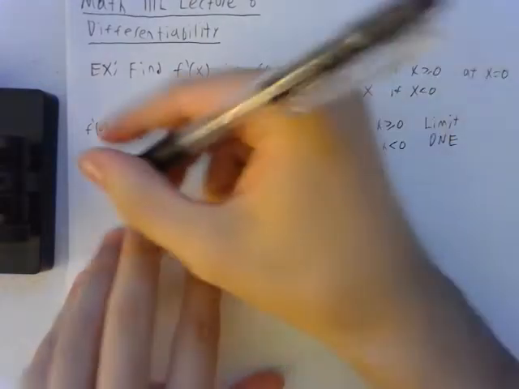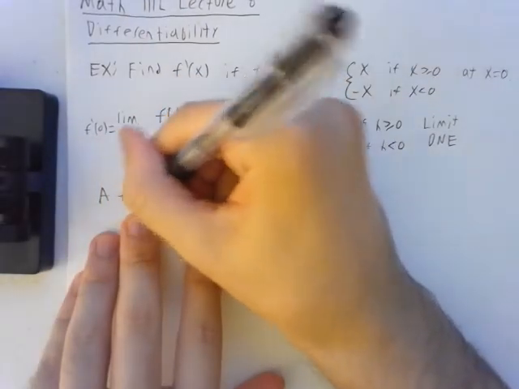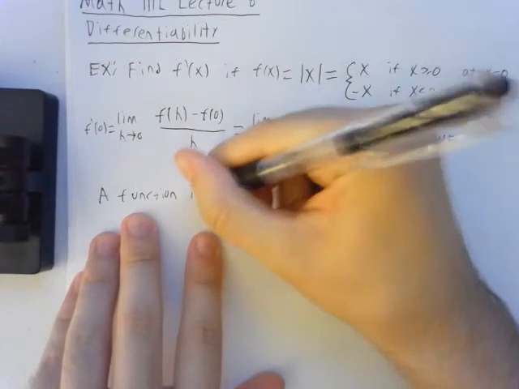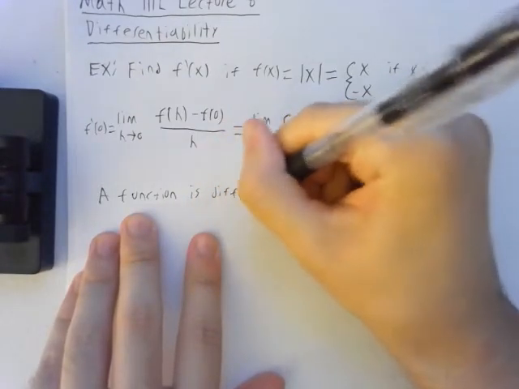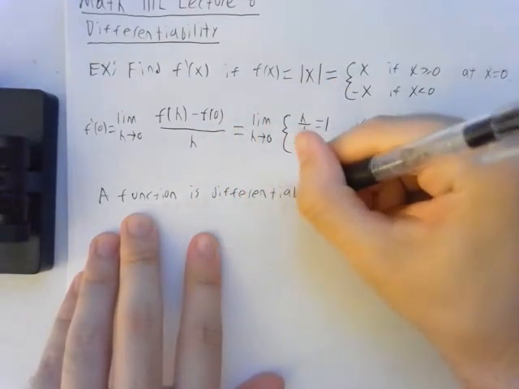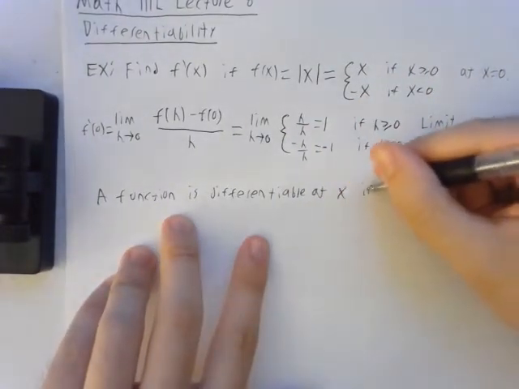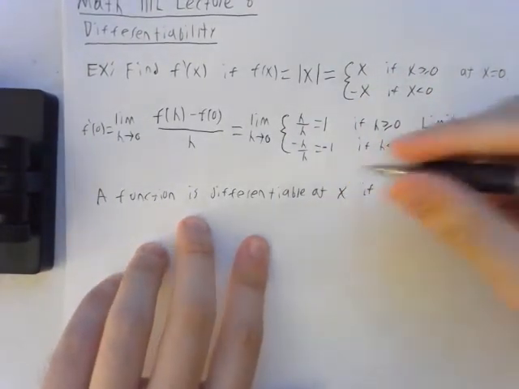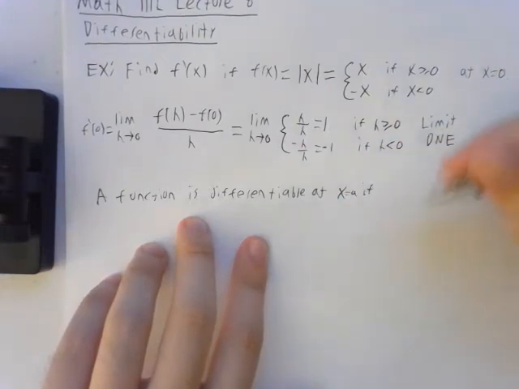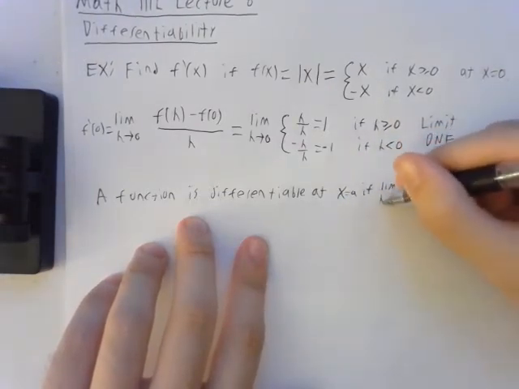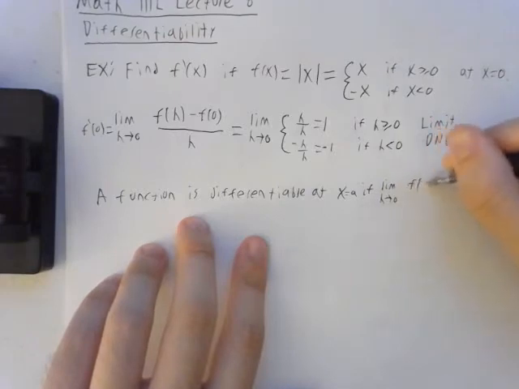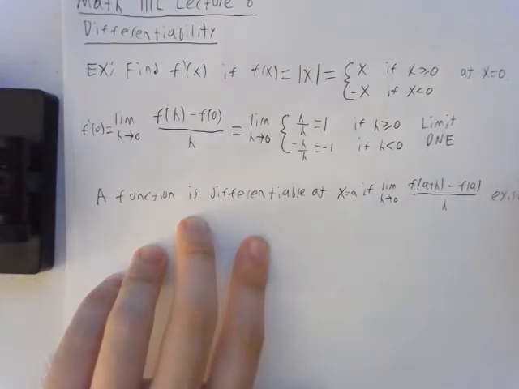So first we need a definition. A function is differentiable at x, let's say x equals a, if the limit as h goes to 0 of f of a plus h minus f of a divided by h exists.